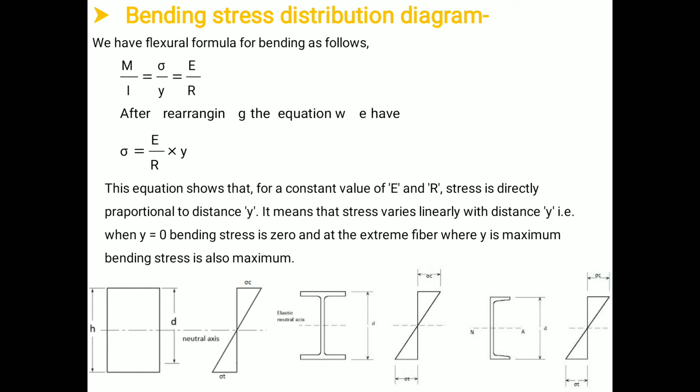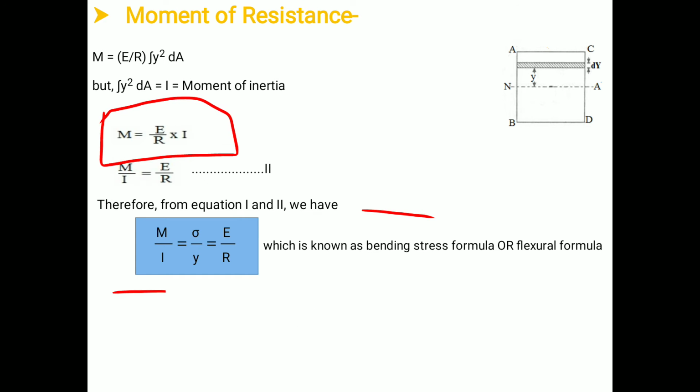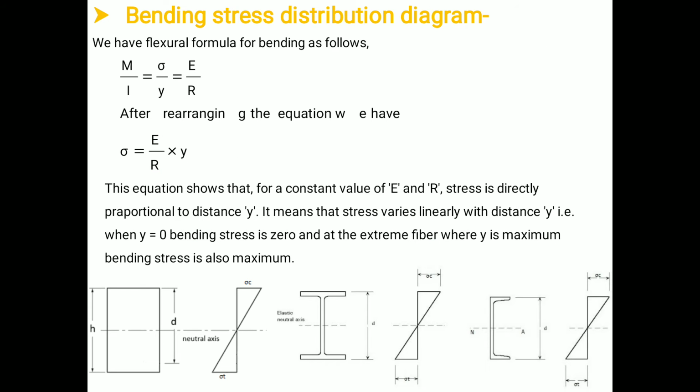Now we are going to discuss the concept of bending stress distribution diagram. What does it mean? As we have already derived the formula M upon I equal to sigma by y equal to E upon R, the same formula we are going to use here. After rearranging the equation, sigma is equal to E upon R into y.